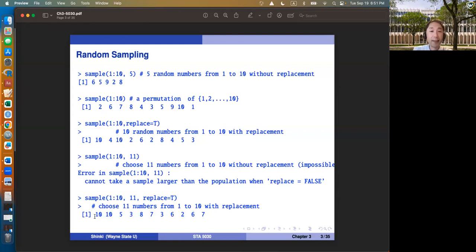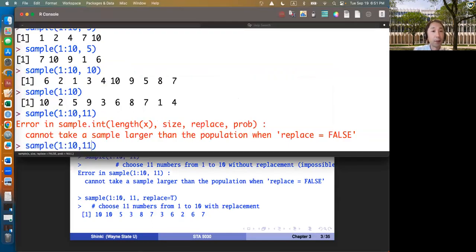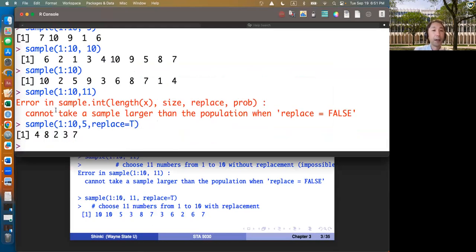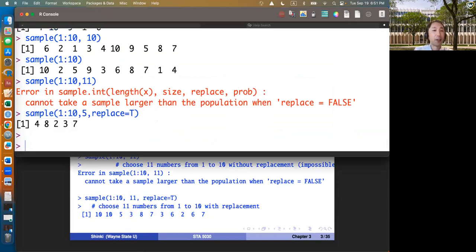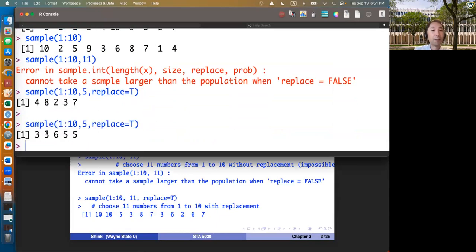Of course, in some cases, just by chance, there are no duplications. For example, sample 1 to 10, 5, replace true: this one doesn't have any duplication, but that is just by chance. If you try several times, sometimes we have replacements.